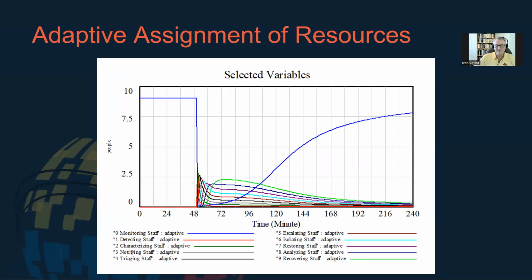And then at time 50, an attack occurs and the people scramble and start being allocated to various phases of the recovery processes. And eventually the system recovers from the attack and people gradually return to the monitoring function.